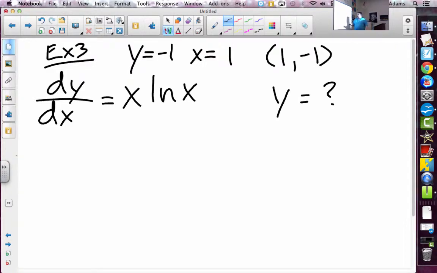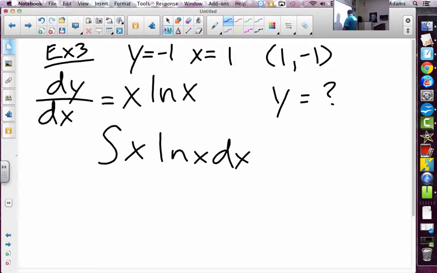So to solve, we're going to take the antiderivative of x times the natural log of x dx. So again, here we have a product. We have x times the natural log of x, so we could do integration by parts.